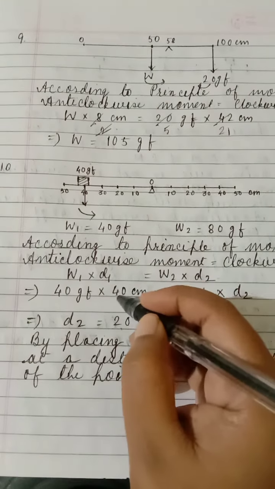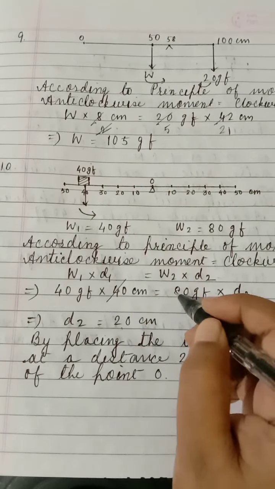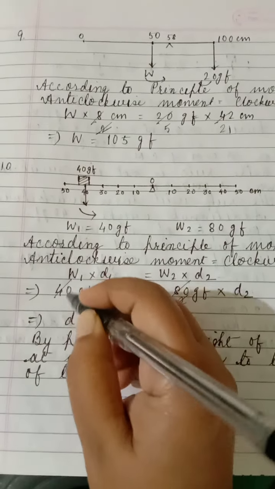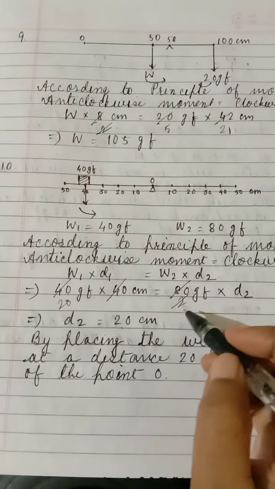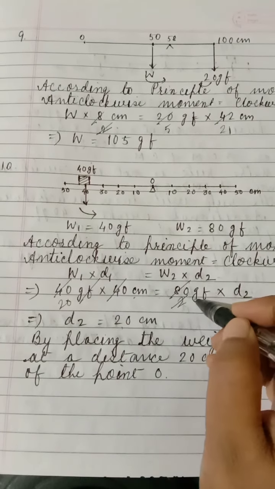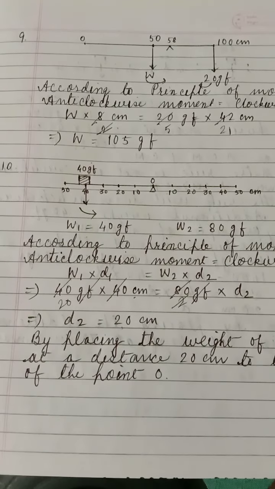So if we cancel it, 40 to 80 here is 2, and 2 into 20 is 40. So D2 will be 20 centimeter, because gf will be the same unit.